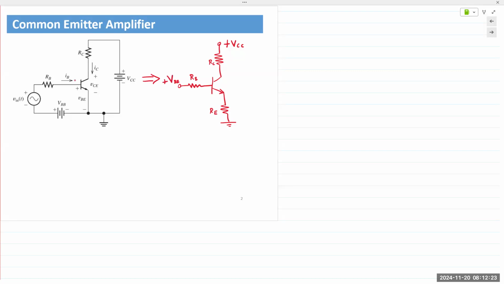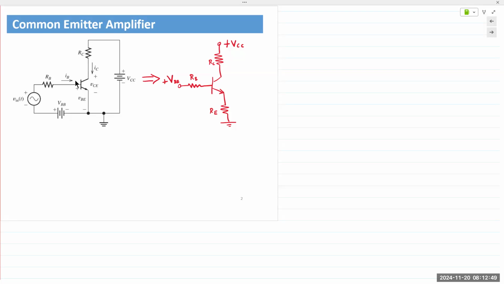So the biasing voltage is VBB at the base, VCC at the collector, and the emitter resistor connected to ground. The circuit is exactly the same as this one, okay? The only difference is that the other connections, the ground connections, the input and output voltages are implied. So as an electrical engineer, you should be familiar with all of these circuit diagrams or notations.